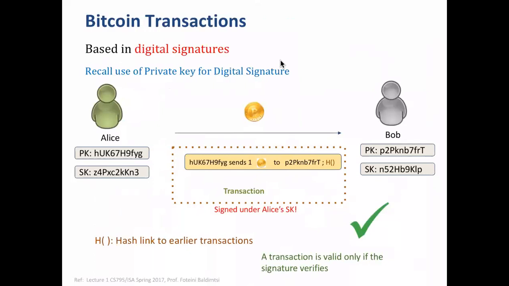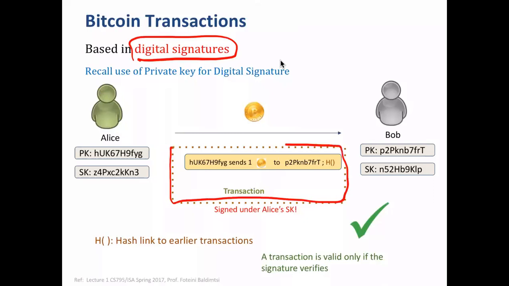Now let's come to the actual one. Bitcoin transactions are based on digital signatures. When Alice sends money to Bob, she creates a transaction and signs it with her secret key, or private key. Because she is signing this and everyone knows her public key, they will know that it actually comes from Alice, nobody else.